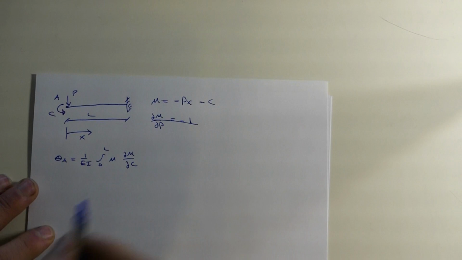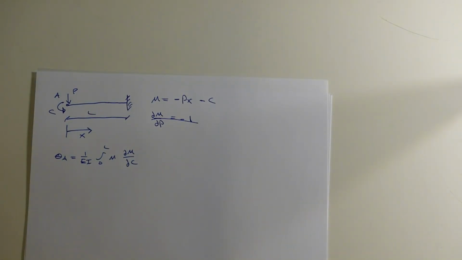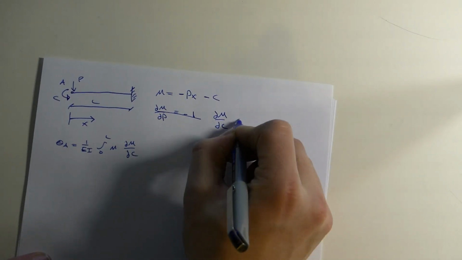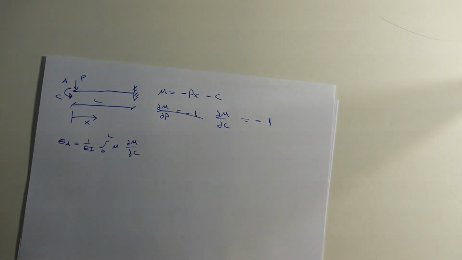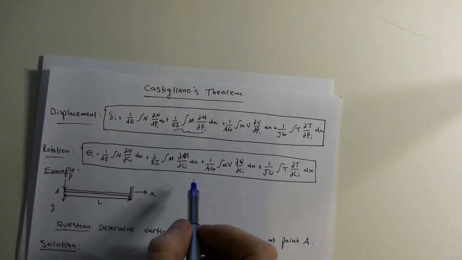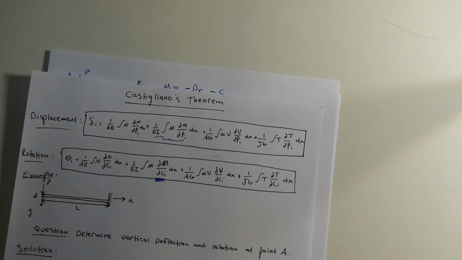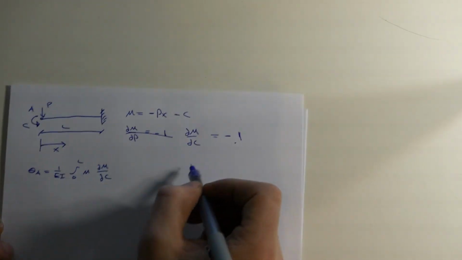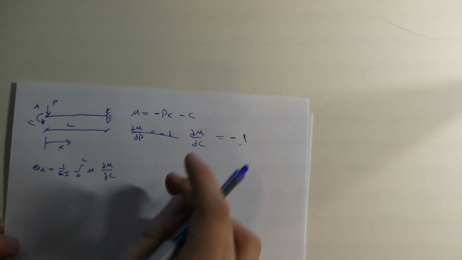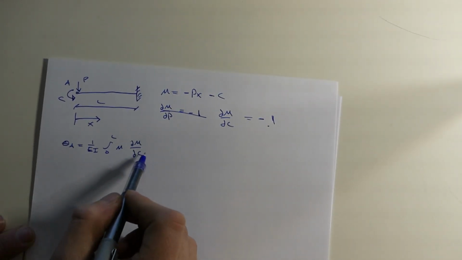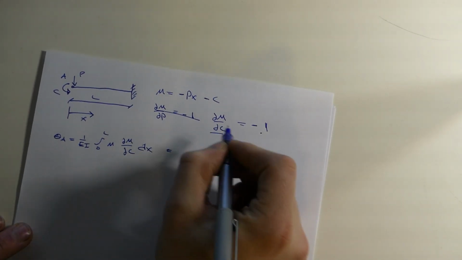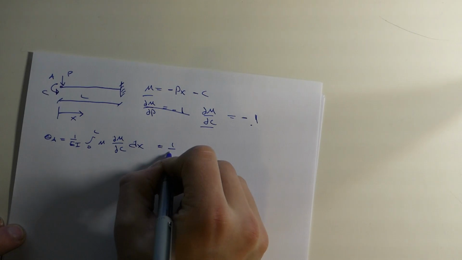Actually, I made a mistake right here. This should be with respect to c, and it is equal to -1, because from this equation you can see the partial derivative with respect to c is -1, as you can see from here. So then rotation at A is equal to this dx. Then we're just going to plug this and this into the equation.